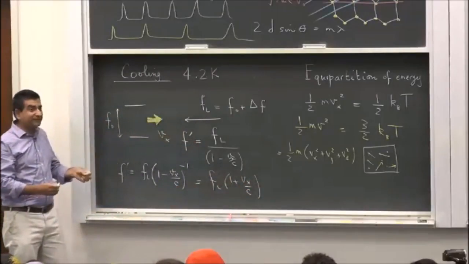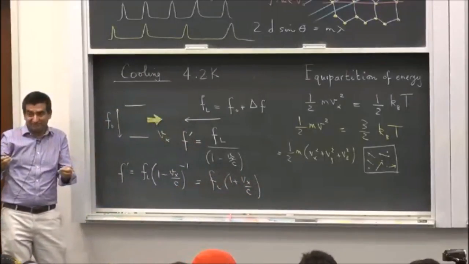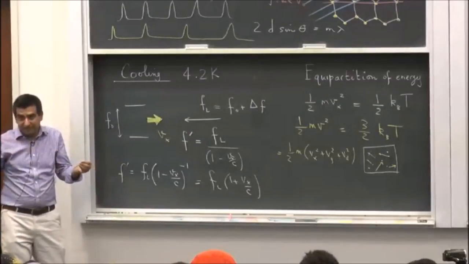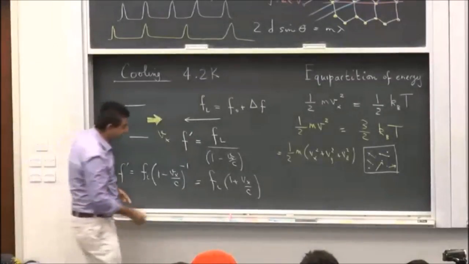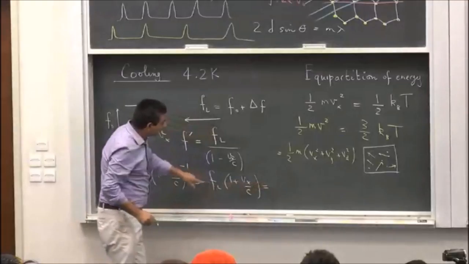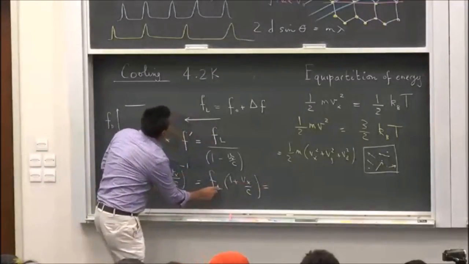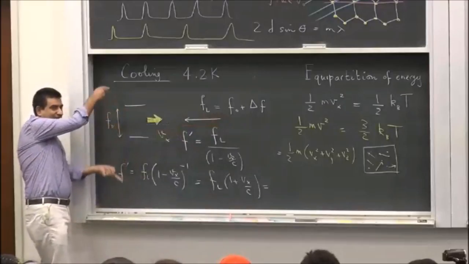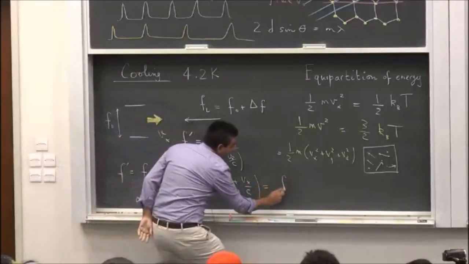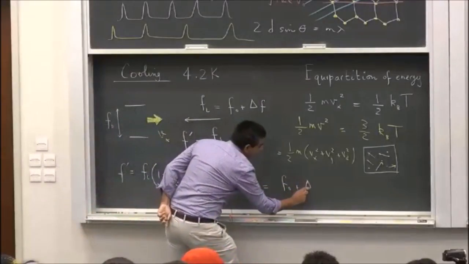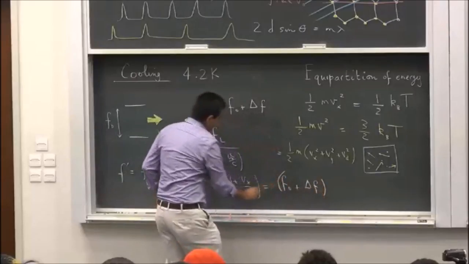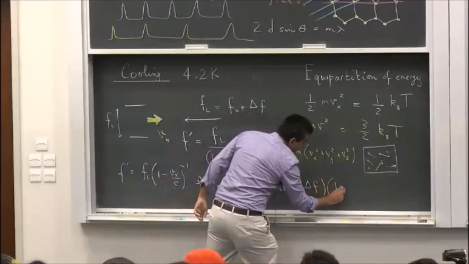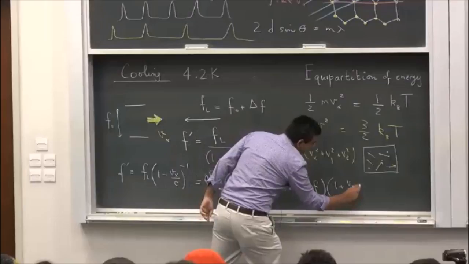This is the frequency that the atom is seeing from the laser because of the Doppler effect. Now FL is detuned from F0, which is the atomic transition. It's F0 plus delta F, times (1 plus Vx over C).